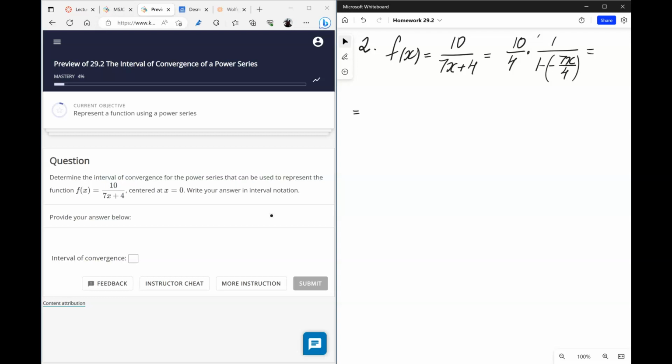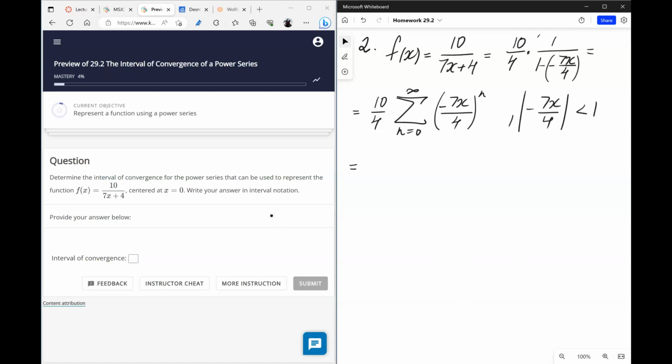And now this whole thing becomes 10/4 sigma, and goes from 0 to infinity, negative 7x over 4 to the power n. But again, this is only true when negative 7x over 4 is less than 1.